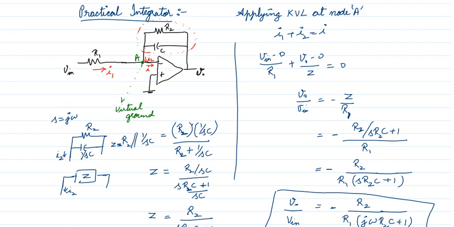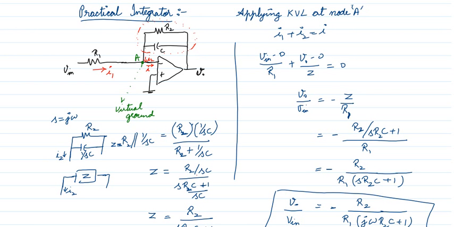You know that for an impedance, C is represented by 1 by j omega C. Instead of j omega, I am going to replace with S, in Laplace transform. So instead of the impedance of the capacitor being 1 by j omega C, I will put 1 by SC. S is nothing but j omega. So this R2 and 1 by SC are parallel. When they are parallel, I can multiply those impedances divided by the sum of those impedances.